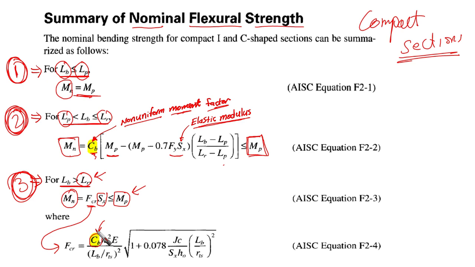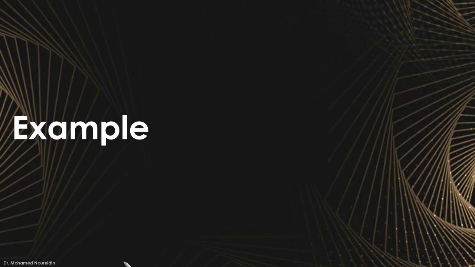This means that we need to take care of the moment gradient along our unbraced length. Then it equals pi squared Cb E over (Lb over rts) squared times the radical of these terms here.